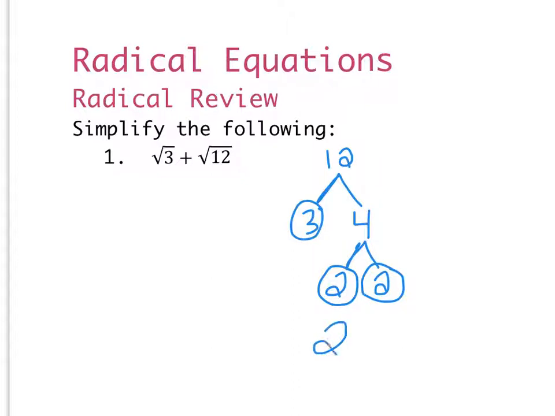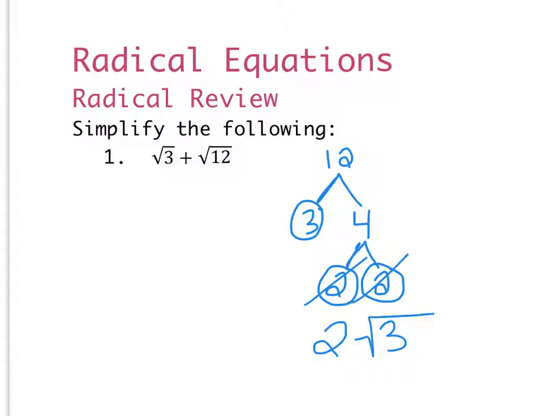So we're going to write 2 once on the outside, and that entire pair goes away. You'd only write the number outside for each pair that you have. We only have 1 pair, so we only write 2 once. Whatever we have left over, we put on the inside. So we have 3 left over. So square root of 12 is the same thing as 2 square root of 3.